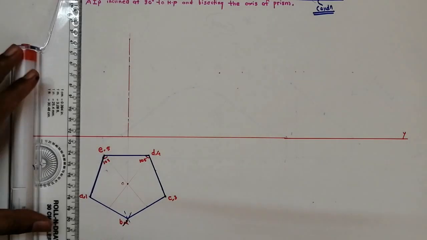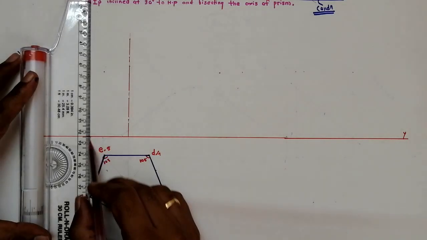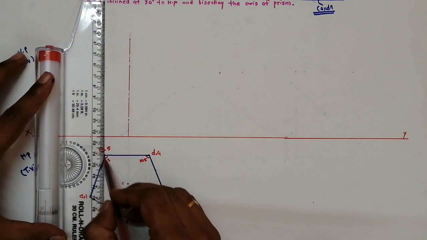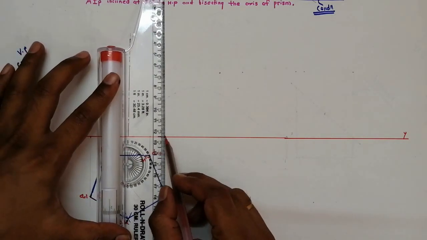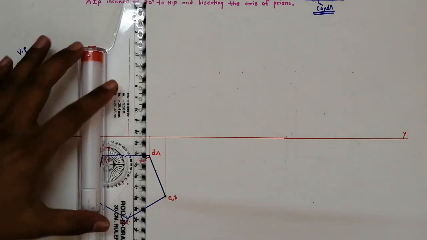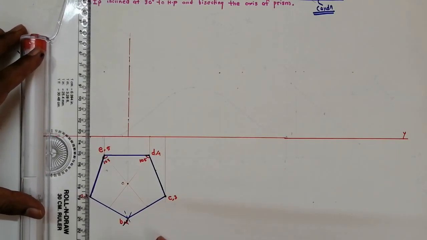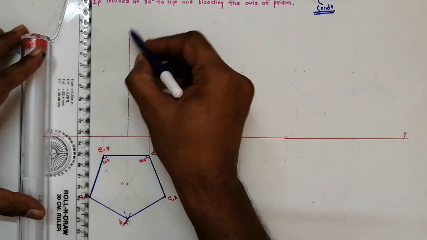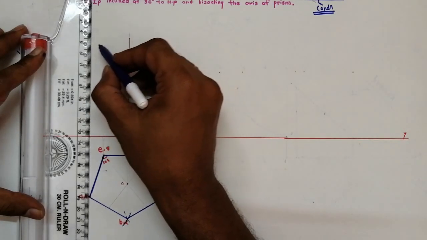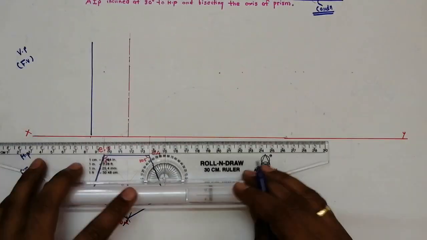Now transfer the projections. So this is projection A, this is projection E, then this is D, and this is C, okay. Now transfer this projection here. Okay, so this is one.